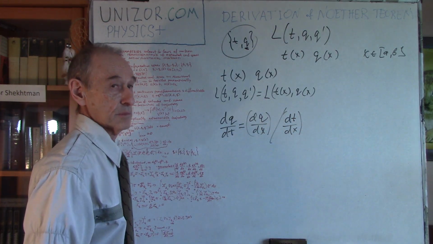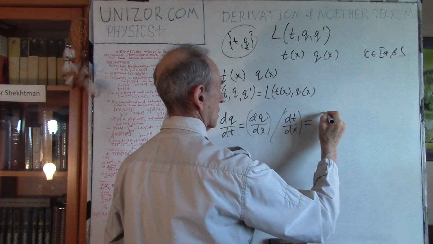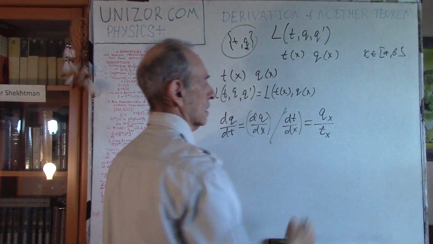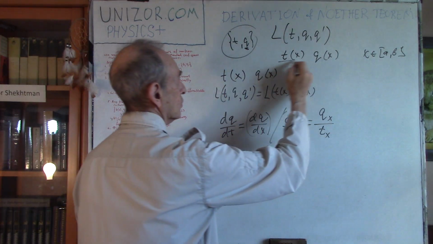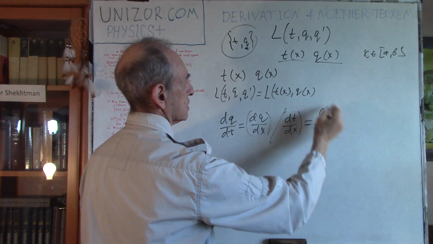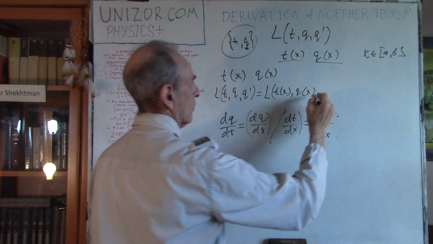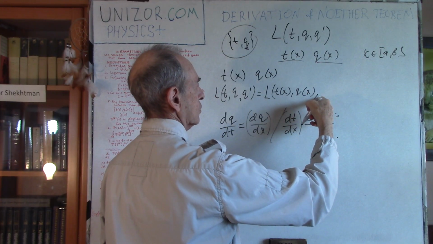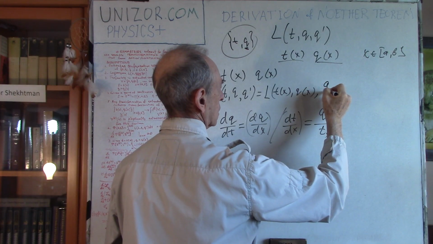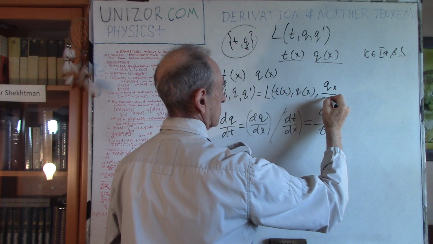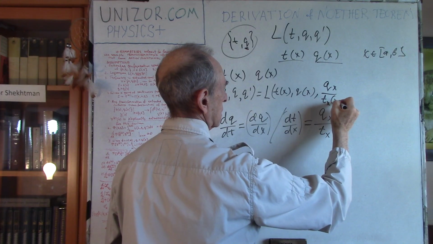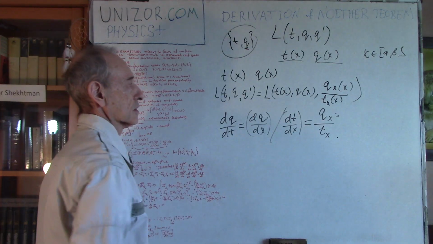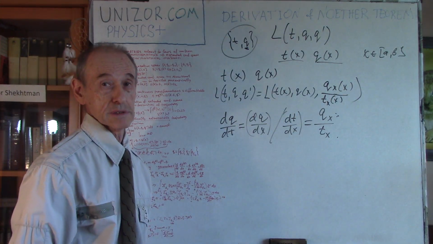Now, for brevity, I will use q_x divided by t_x. So the index means derivative by this parameter. These are derivatives of these two functions. So now, instead of q', the derivative of q by time, I can put q_x divided by t_x. They are functions of x, of course. Now my Lagrangian is a function of x.